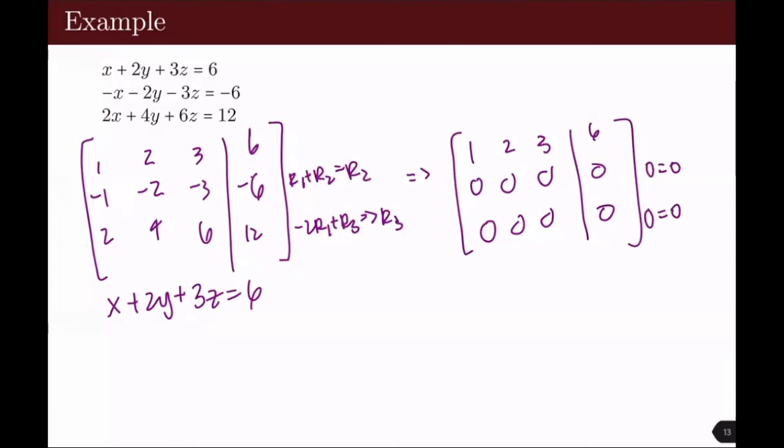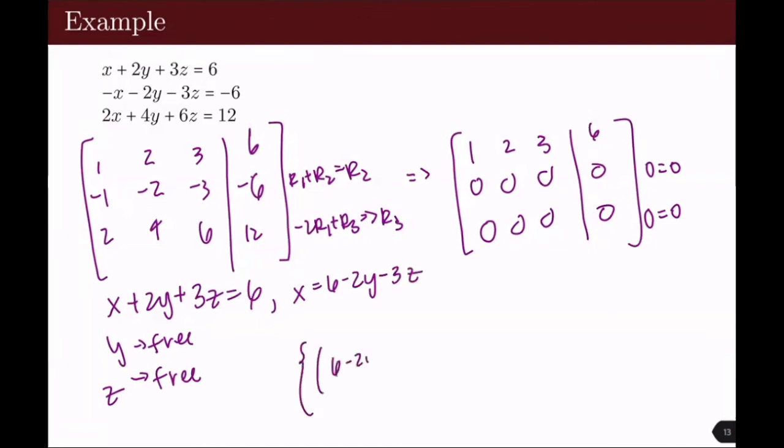So we're going to have y is free and z is free. They don't have any restrictions. X is the only one with restrictions. So then we'll say x equals 6 minus 2y minus 3z. And then our solution set will just be 6 minus 2y minus 3z comma y comma z, such that y and z are any real number.